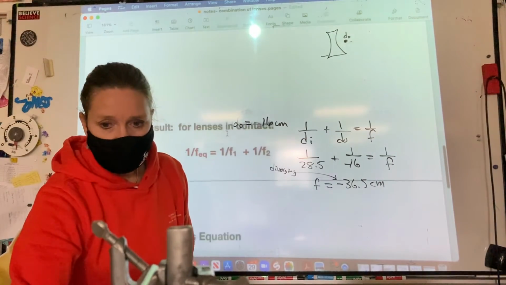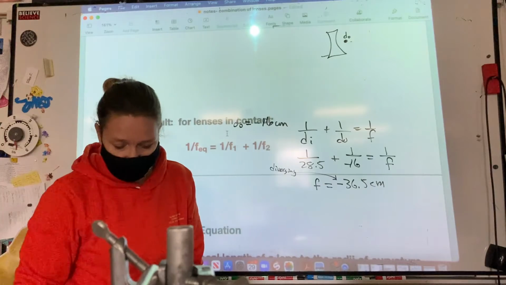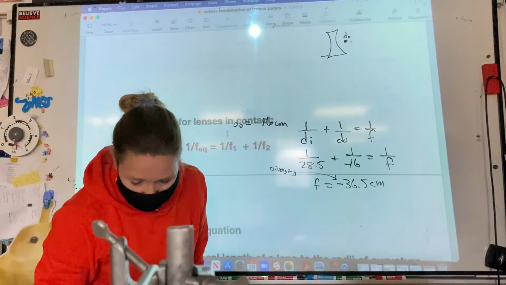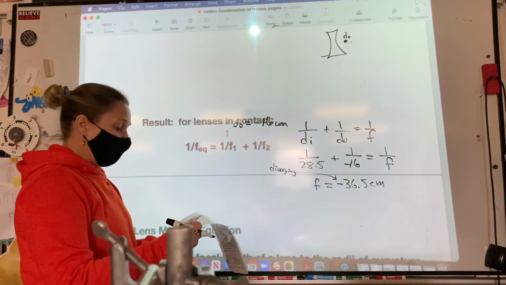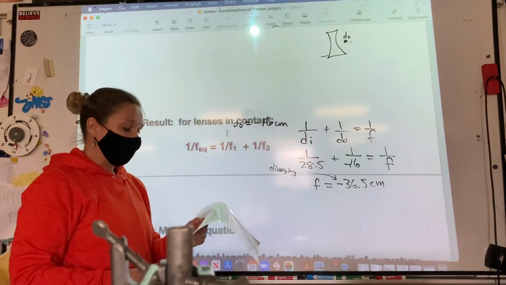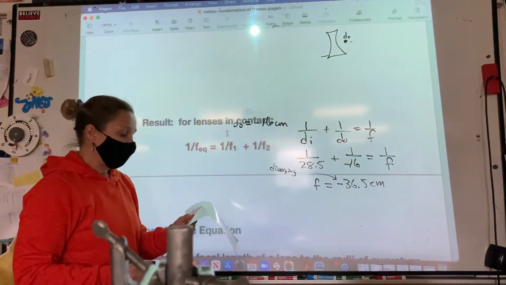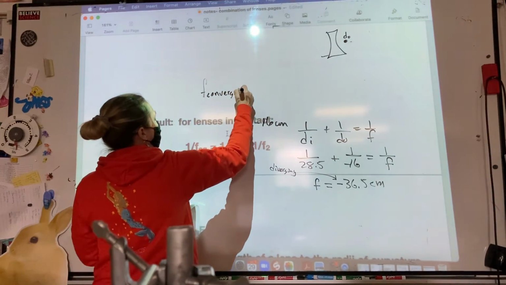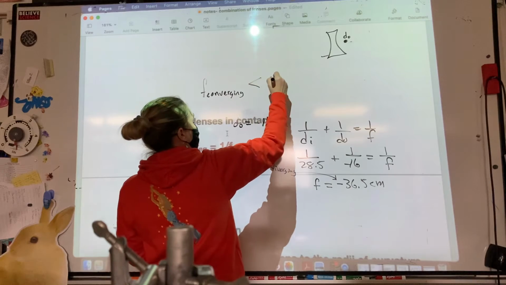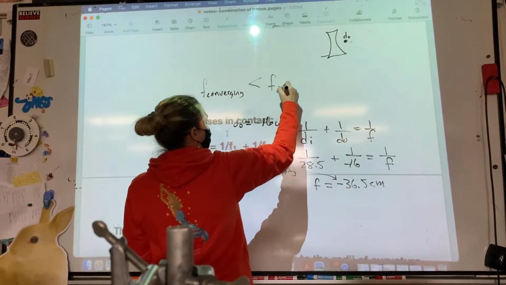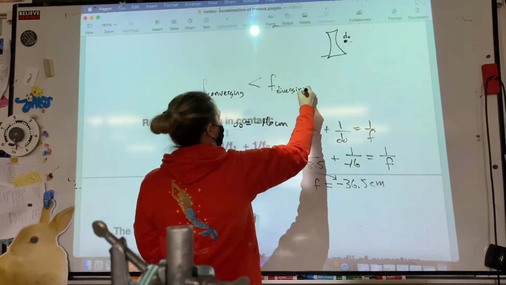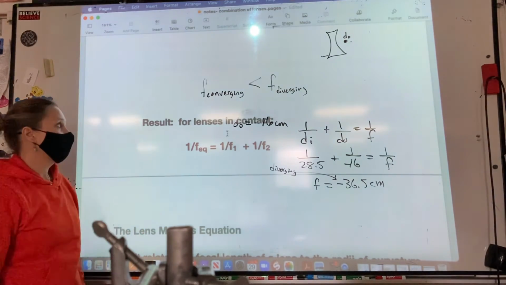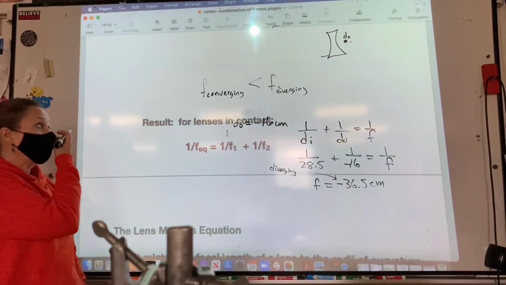If you have 2 lenses in contact like this, I gotta say, it only works if the focal length of the converging lens is less than the focal length of the diverging lens. Otherwise, it will put the image in the wrong place and you can't get an image.